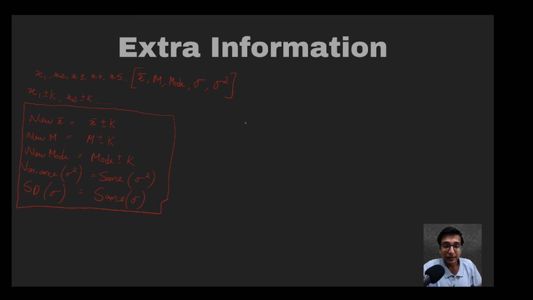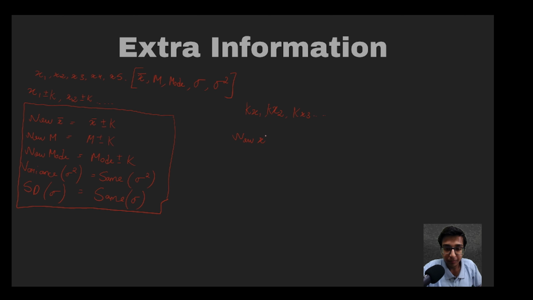Now let's look at a different perspective. Let's say I multiply k to each and every term of this data set. What would happen to my mean, median, mode, sigma and variance? My new mean would simply become k times the old mean.